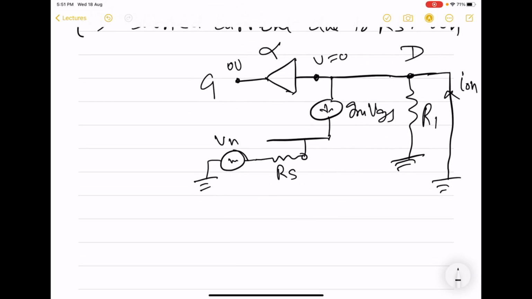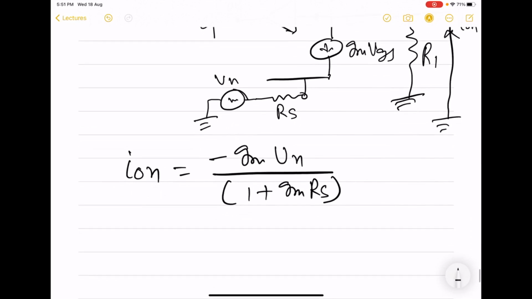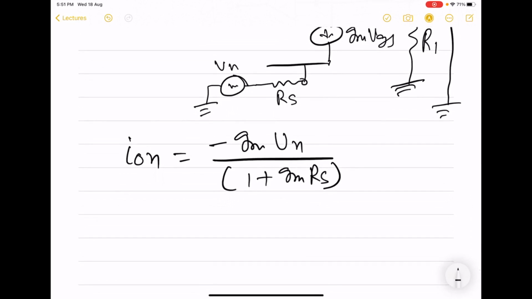One can carry out the analysis similar to what was done earlier, and it will turn out that even here, the short circuited current remains the same as in the previous case, since the gate is grounded, as was the case earlier.